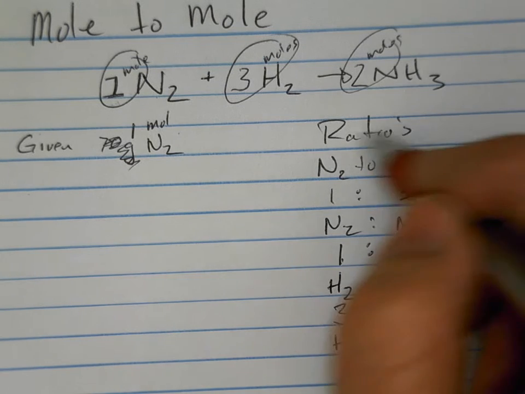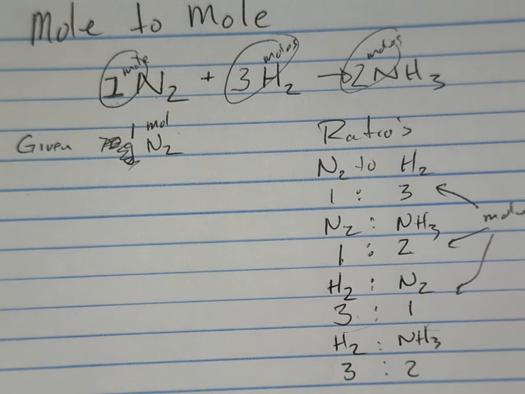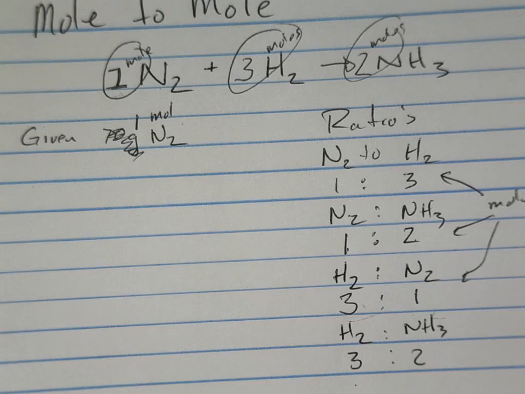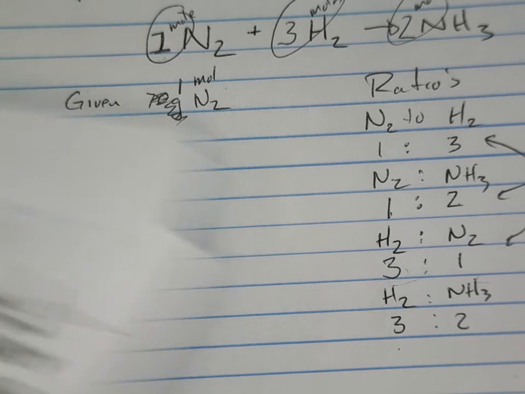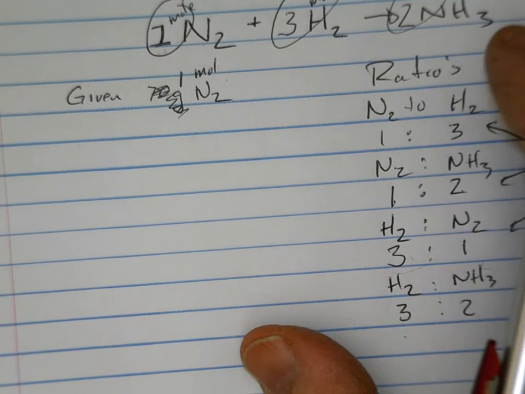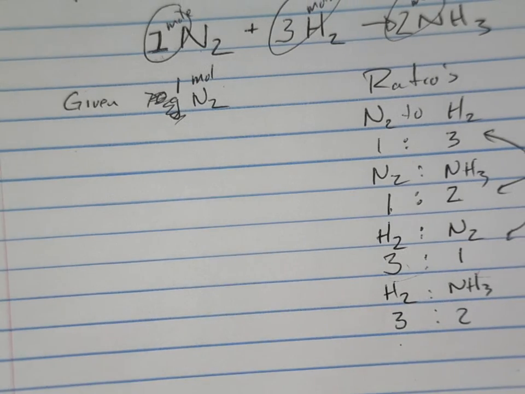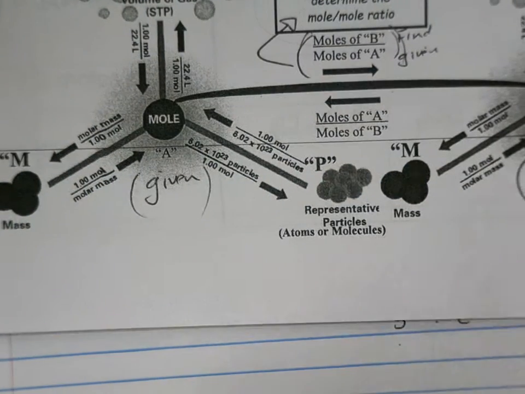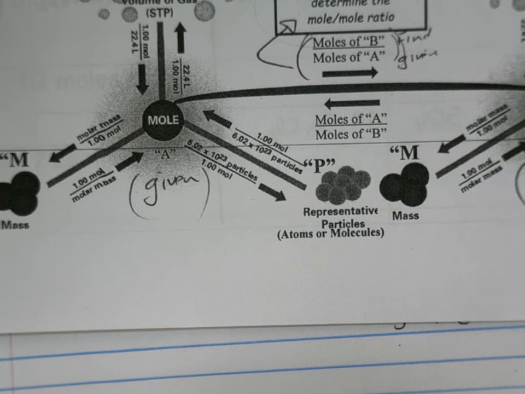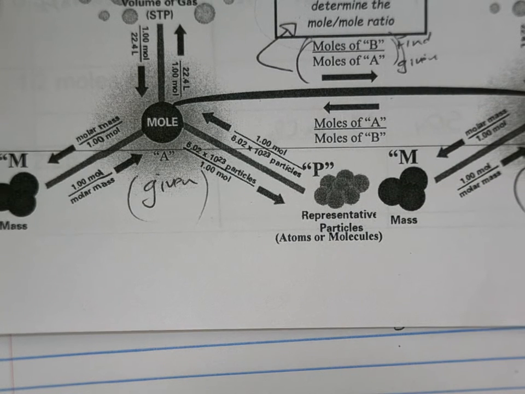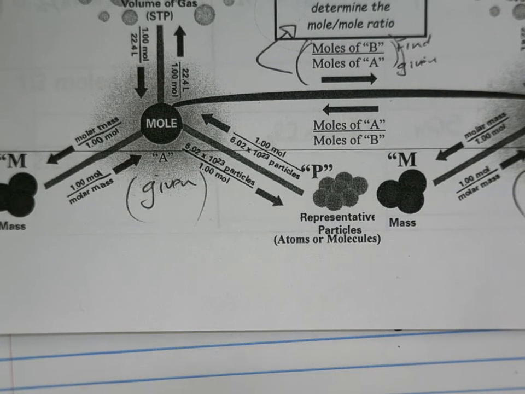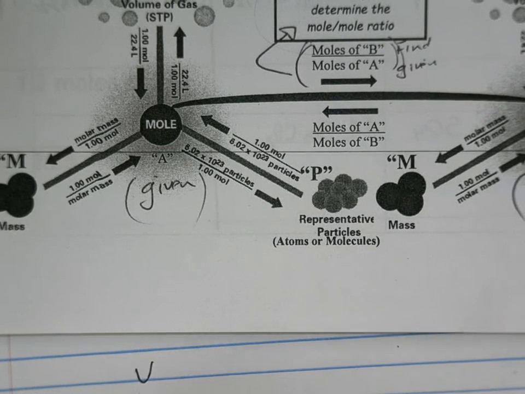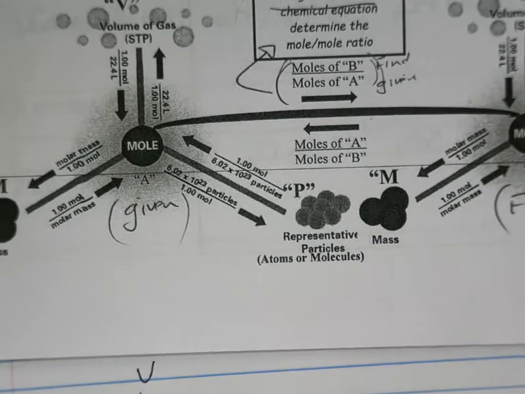So these ratios are going to be important to what we're doing. So with that, mole to mole here, let's write mole given over here, and we're just going to make a simple MVP triangle there.